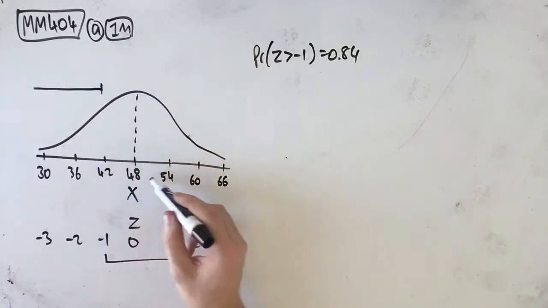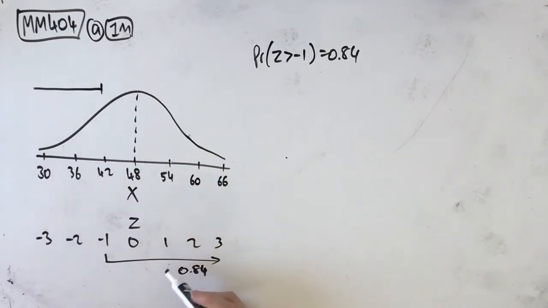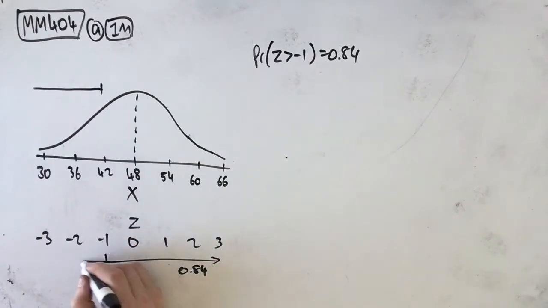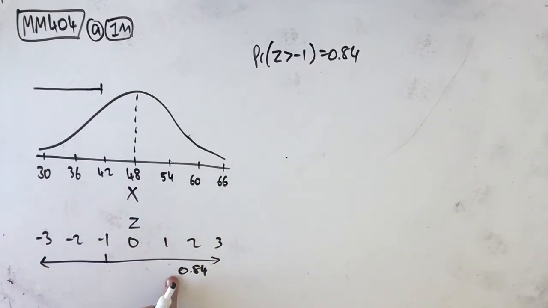These are our x values, and these are our corresponding z values. Now, if we know that 42 corresponds to a z value of -1, then if this is 0.84, everything on the other side must add to 0.84 to get to 1, because this whole thing has to equal 1. So if this is 0.84, then this bit here is 0.16.